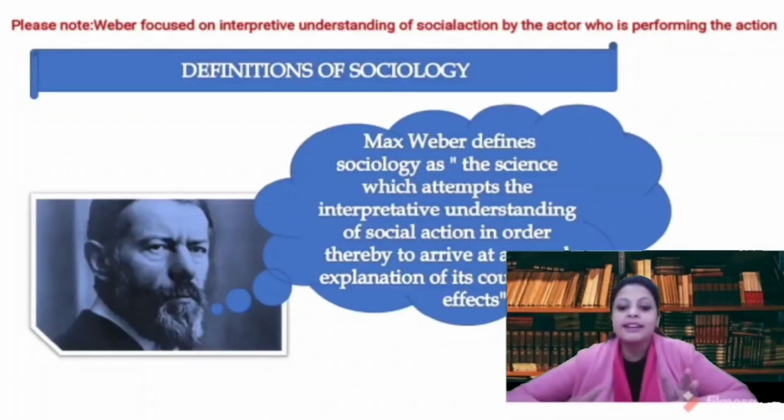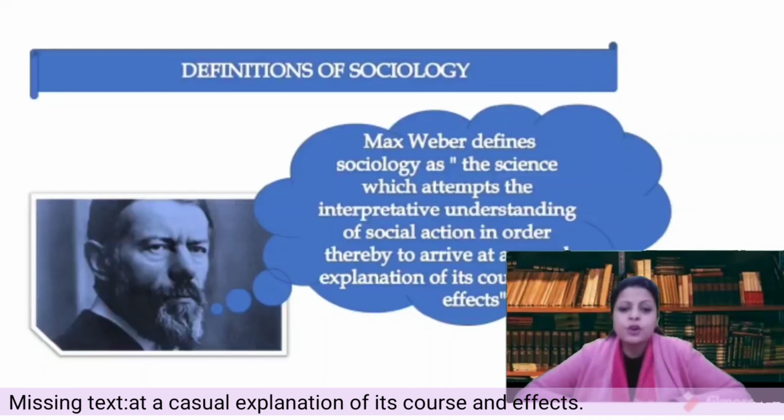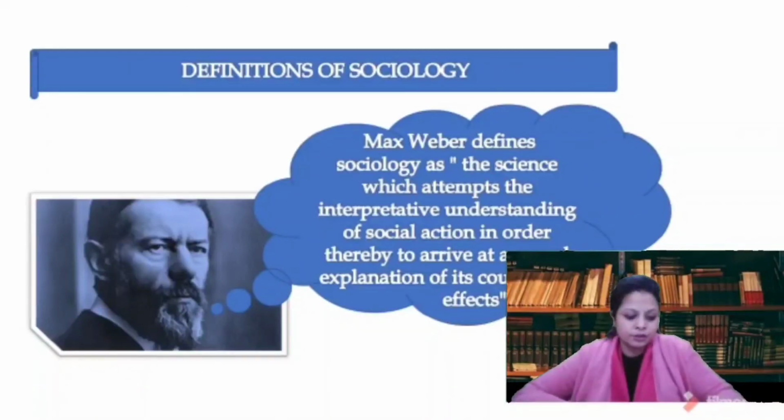That is the interpretive understanding. So Weber says that in sociology we study social action and we interpret it, right? When we do so, this is sociology. Simple, right? So this was all about the definitions of sociology.